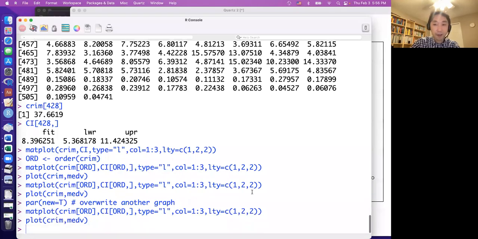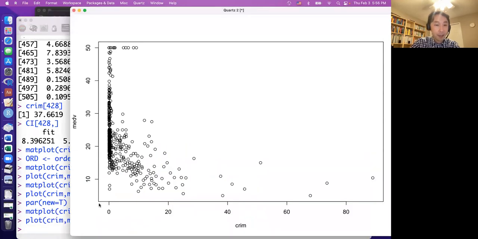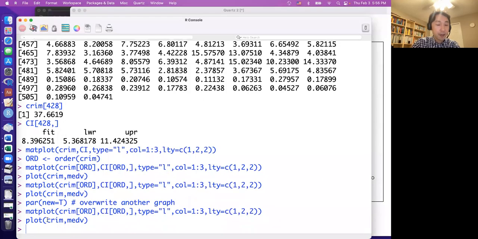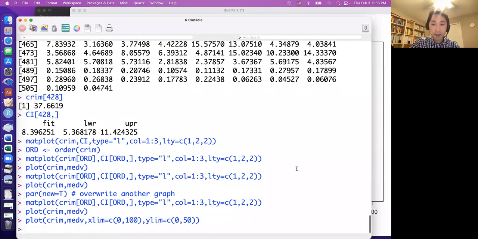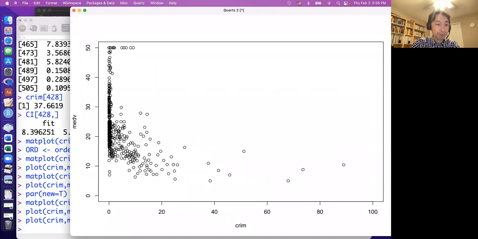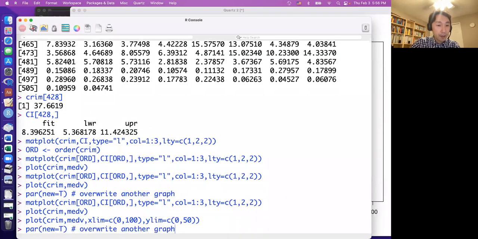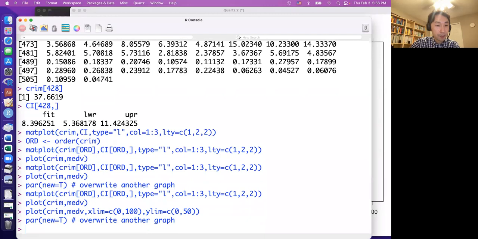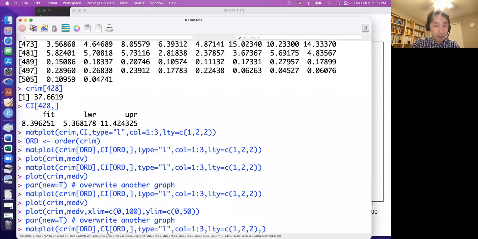This scale is 0 to 50, and this scale is maybe 0 to 100. So maybe xlim 0 to 100, and ylim 0 to 50. Okay. Then parameter new equal to true, then matplot, and still we have to specify the xlim and ylim.